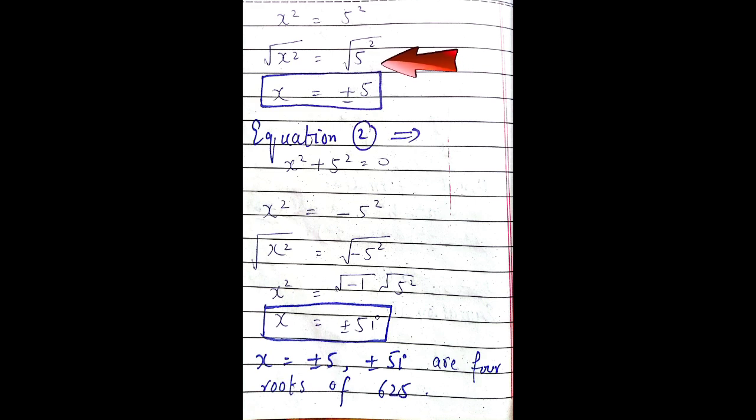Taking square root, it will become x is equal to plus minus 5, that is the roots of equation 1. Equation 2 solves the same as equation 1. After simplifying, you will get x is equal to plus minus 5 iota, that is the roots of equation 2. Hence plus minus 5 and plus minus 5 iota are the fourth roots of 625.